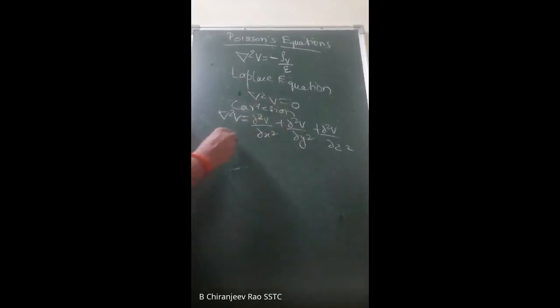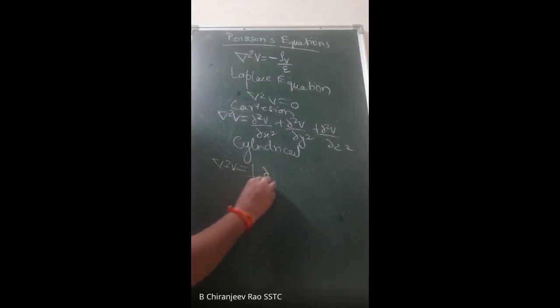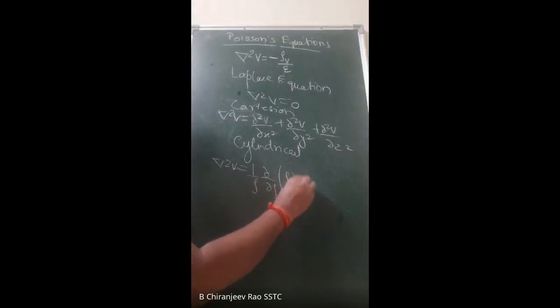For cylindrical, the formula will be, so again you have to remember this formula, 1 upon rho del by del rho of rho del V by del rho.